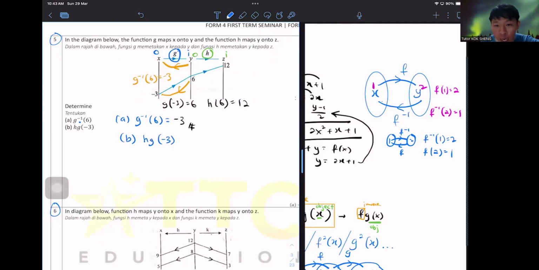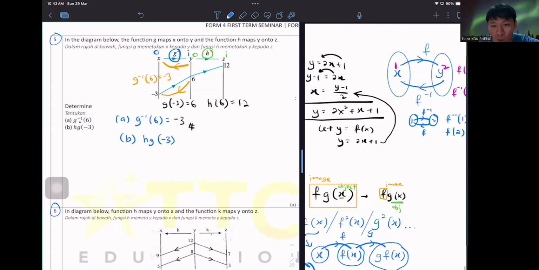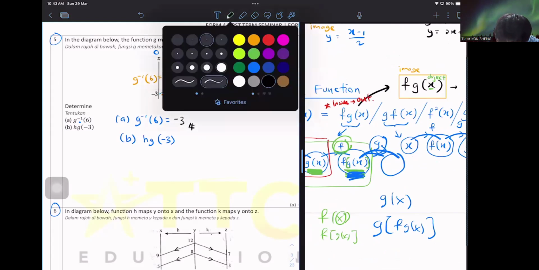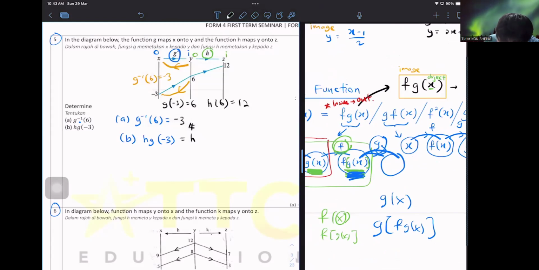For the next one, we'll be referring to the composite function. Remember the sequence is inside out. G is inside, h is outside. Don't worry, this one just has to go through one by one. Let's go through the inside first.